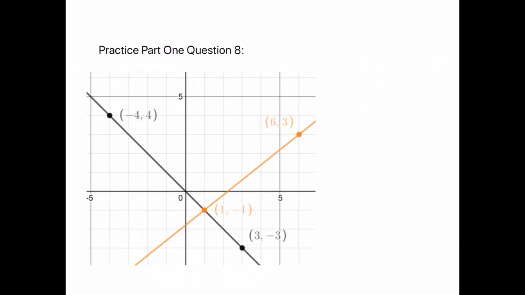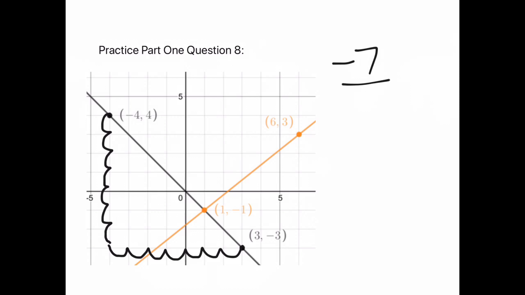From our homework again, this is practice part 1, question number 8, and it wants to know if these are perpendicular or not. So we're going to do the rise here, down 1, 2, 3, 4, 5, 6, 7. So down 7 in the black, and over 7. And -7 over 7 is a slope of -1.